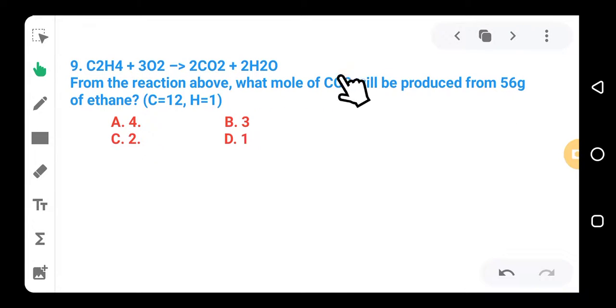Now, this 1 mole of ethane, what is the molar mass of it?